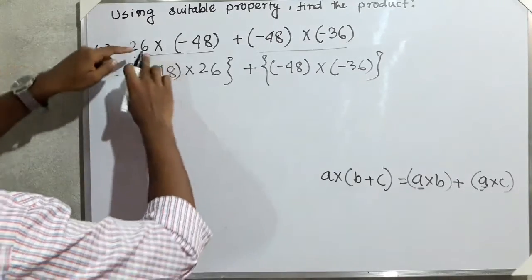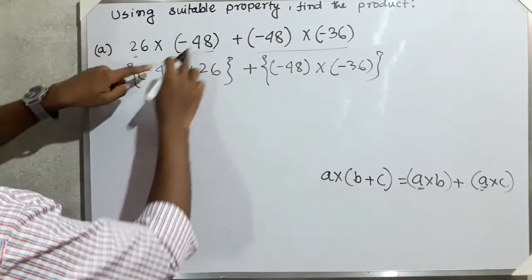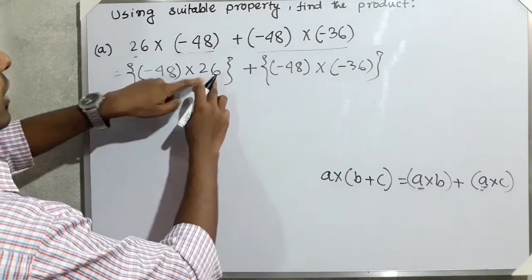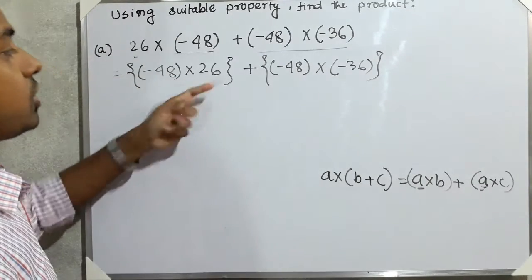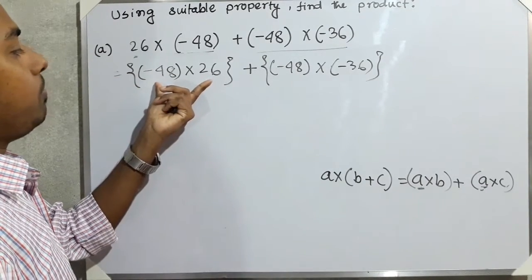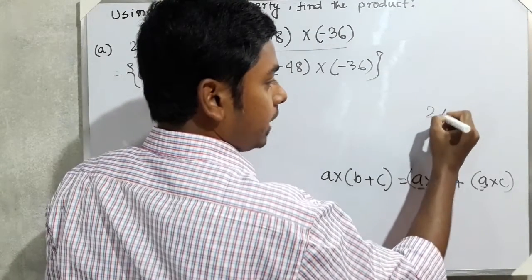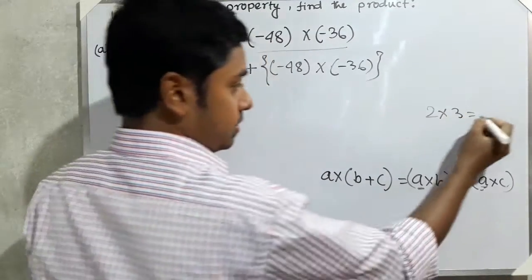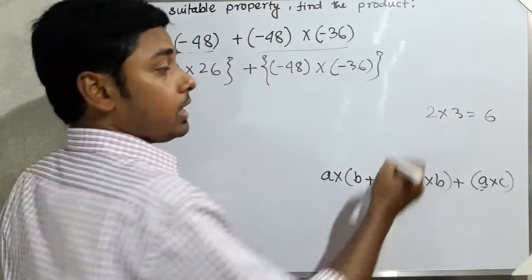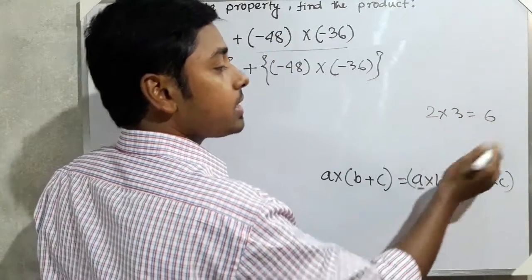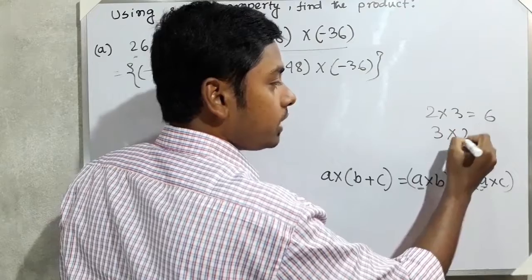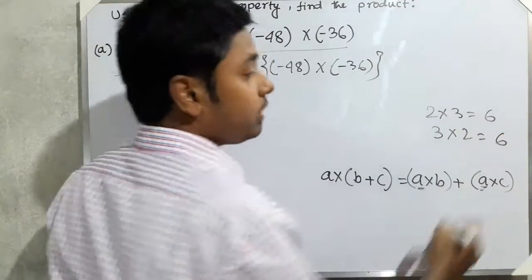But here I have written minus 48 into 26, with minus 48 in the first position. Is there any mistake? No, because 2 into 3 is equal to 6, and if you do 3 into 2, it is also 6.